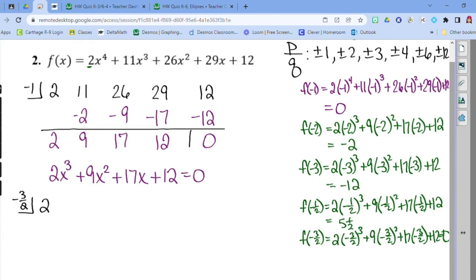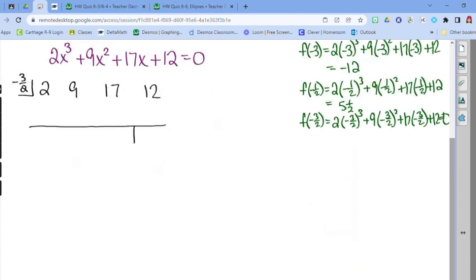And I break this down. 2, 9, 17, and 12. Bring down 2. 2 times negative 3/2 is negative 3. Then I have 6. 6 times negative 3/2 is negative 9.